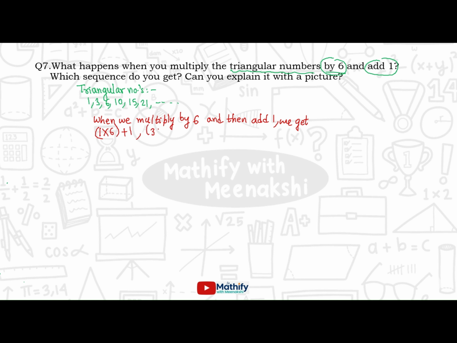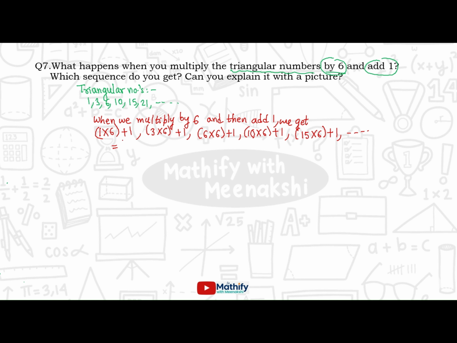Next, 3 into 6, then you have to add 1. Next, 6 into 6, you have to add 1. That's why I'm putting brackets, because it's written first multiply by 6 and then add 1. So we are following BODMAS. Then 10 into 6 plus 1. Then 15 into 6 plus 1. And so on, because for a sequence we just need the first 3 or 4 steps.